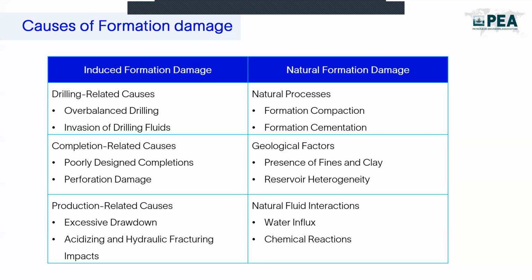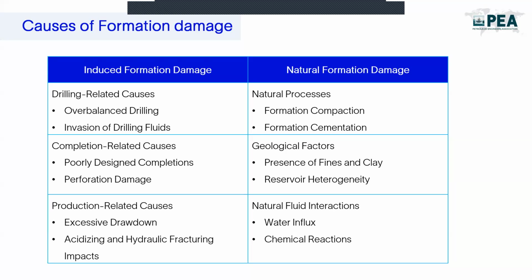For example, natural mineral deposits bind the rock grains together and lead to reduced porosity and permeability, leading to less hydrocarbon production. As I told you, these are factors that are not well controlled.